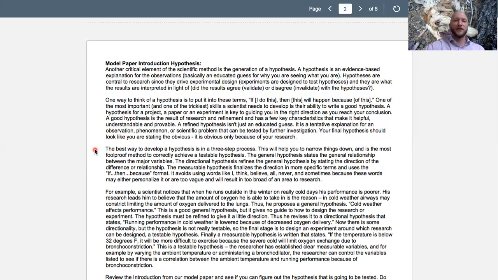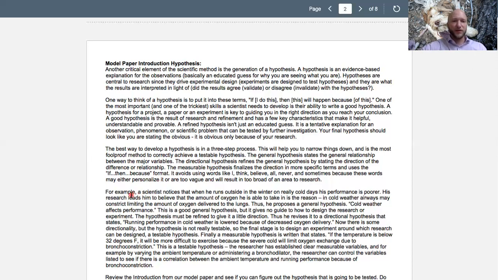If I do this, then this will happen because of this. I want you to use that exact form. I want to see the word if, and then you do this. Basically, the methods. If you do the method section, then this will happen, the expected results, because of the proposed why for why you think you're going to get those results.